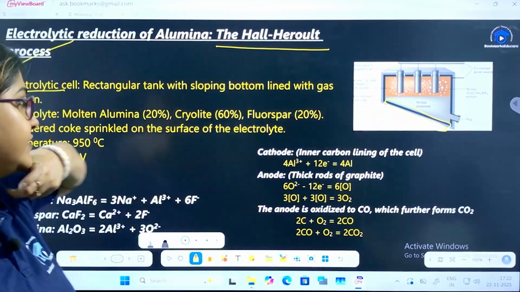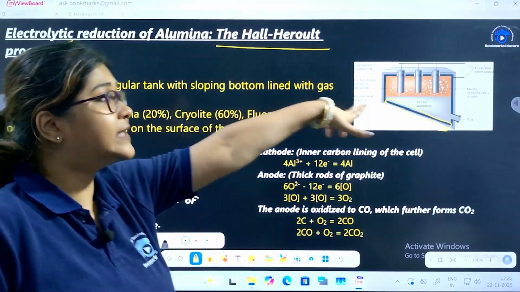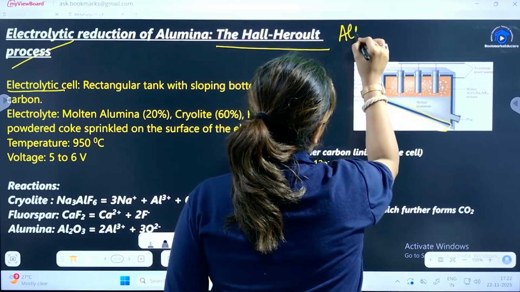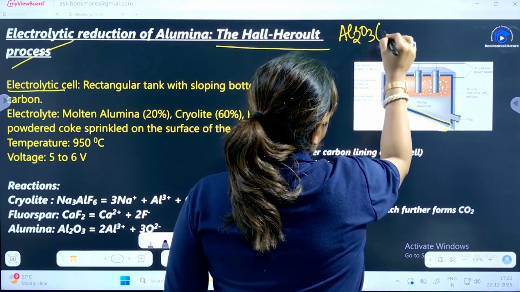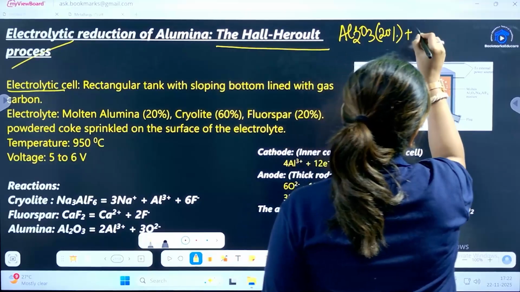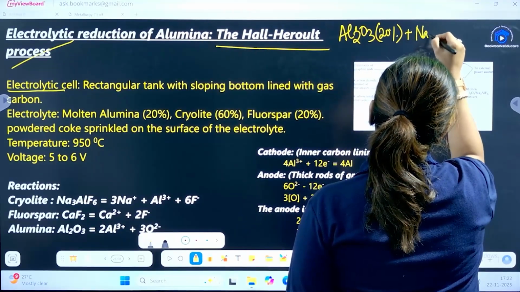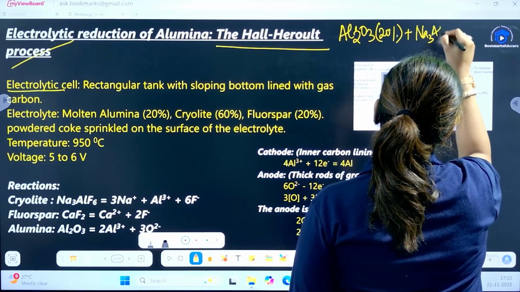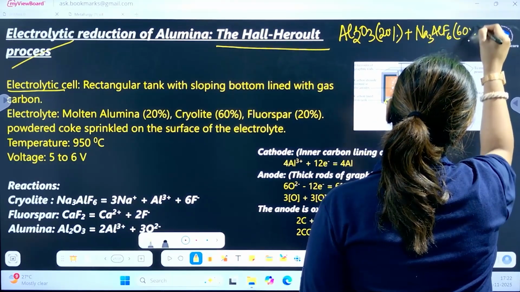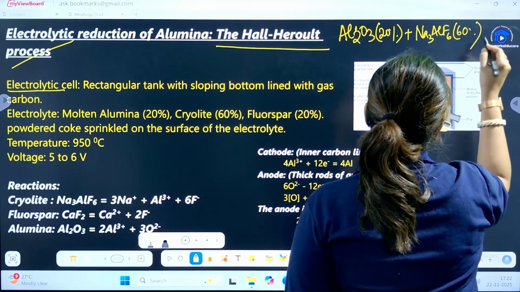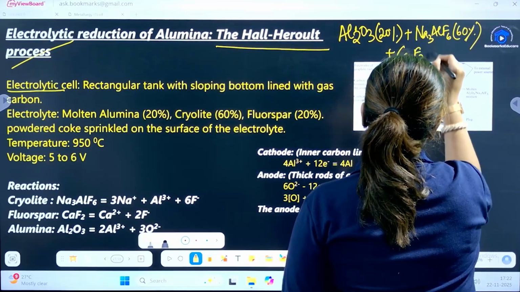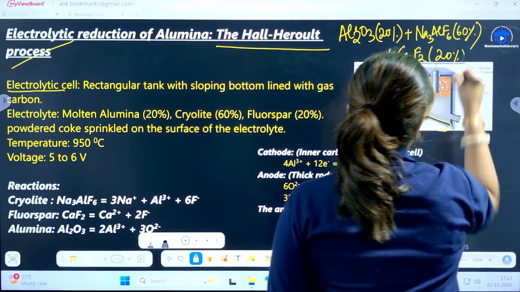Here, in the electrolyte, you are adding a combination of alumina, cryolite 60%, and calcium fluoride, fluorspar, 20%.